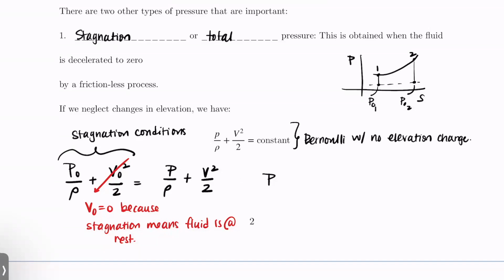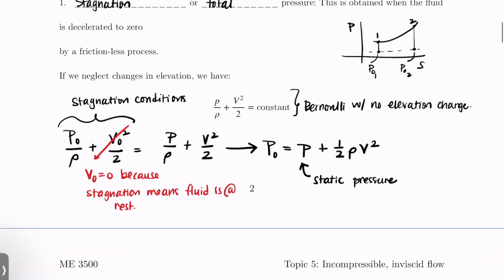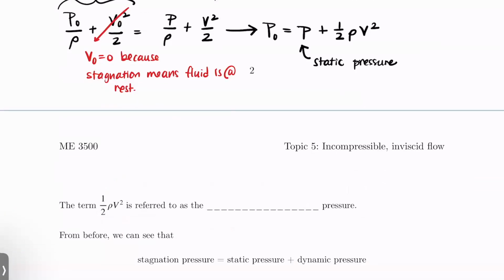That is P0 is equal to our static pressure plus 1/2 rho V squared. So this is our static pressure. And then this term, let's call it orange, is referred to as our dynamic pressure.